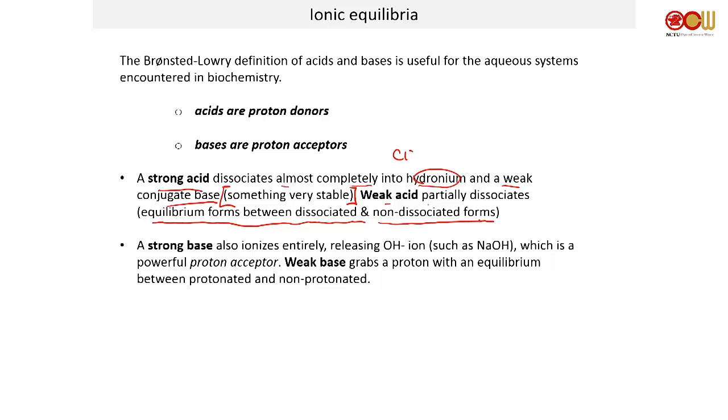A strong base is the vice versa, releasing OH minus, such as NaOH giving you Na plus and OH minus. OH minus is a powerful proton acceptor, so it can grab protons to generate water. And a weak base grabs a proton in an equilibrium between the protonated and non-protonated form. So that's the definition of strong acids and bases.